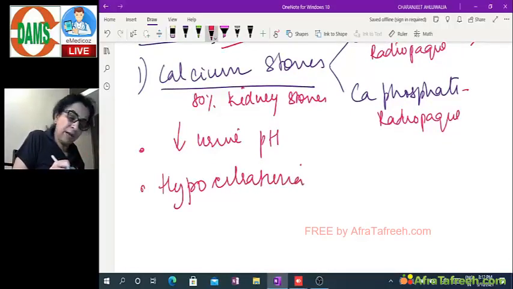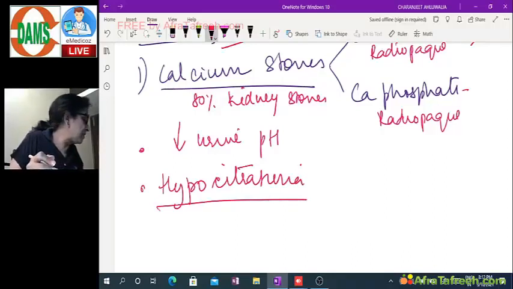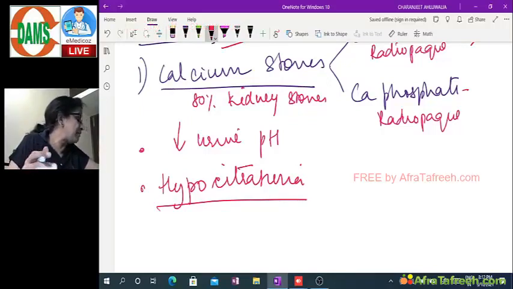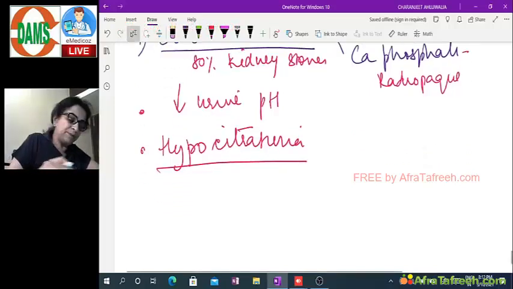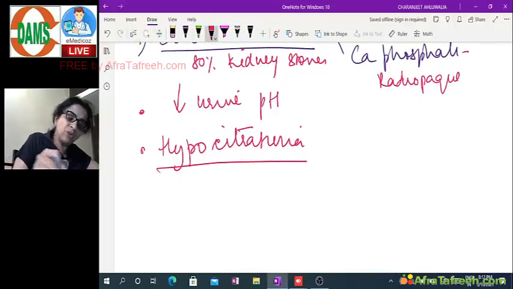Hypocitraturia is associated with decreased urine pH, and it can also result from vitamin C abuse or other causes. Now if there are stones in the kidney, urine can show crystals.